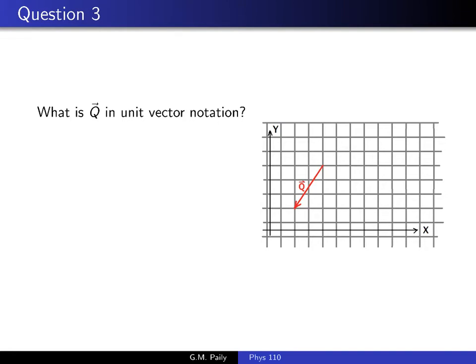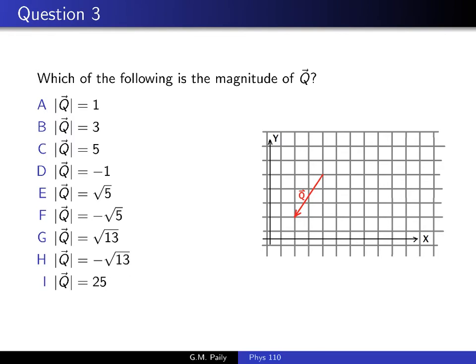Here is another question. What is Q in the unit vector notation? Take a moment and jot down the answer. And here is another question, the same vector, but this is a multiple choice question.